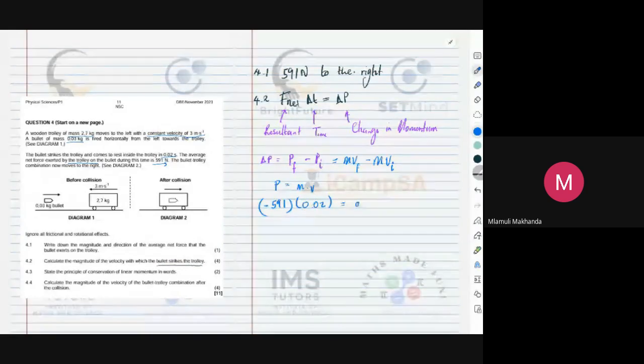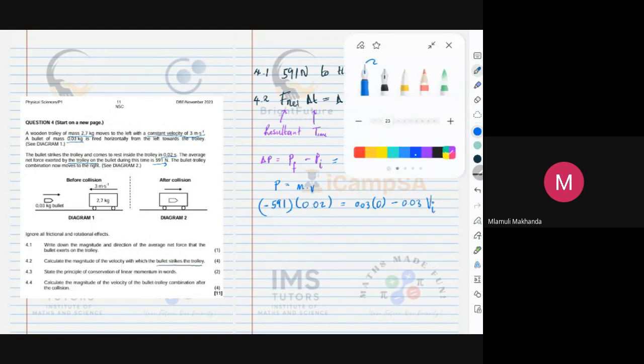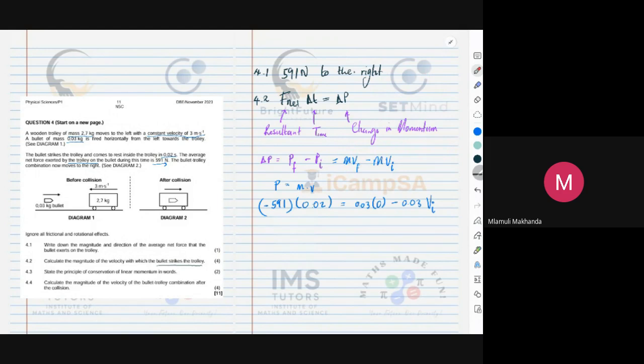So this is going to be 0.03 kg times vf, which is 0, minus 0.03 vi, which is what we are looking for. Then we can use our calculators to get our answer.